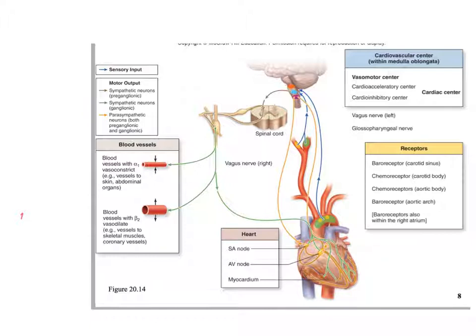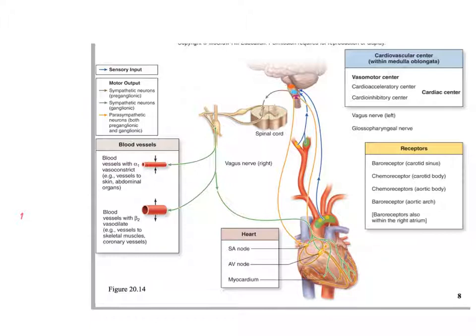Has any of you ever been lying down, stood up quickly, and felt a little lightheaded? What is that from? There's a drop in blood pressure. Some people actually faint, okay? But you have a drop in blood pressure. So your cardiac centers and your vasomotor centers, the quick responses here, will help regulate cardiac output.